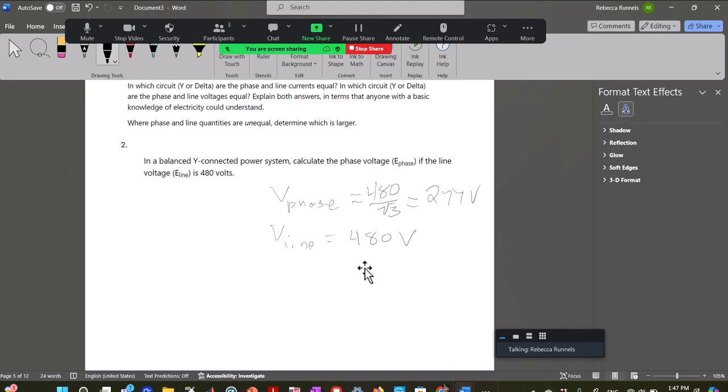It's really good, I found, to spend some time with these and come up with your own way of reminding yourself, when there's the relationship with the square root of 3, which one is bigger, and so that way you'll know whether you should be multiplying or dividing.